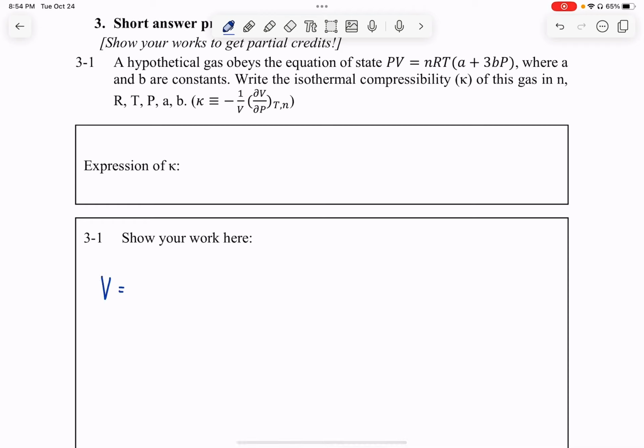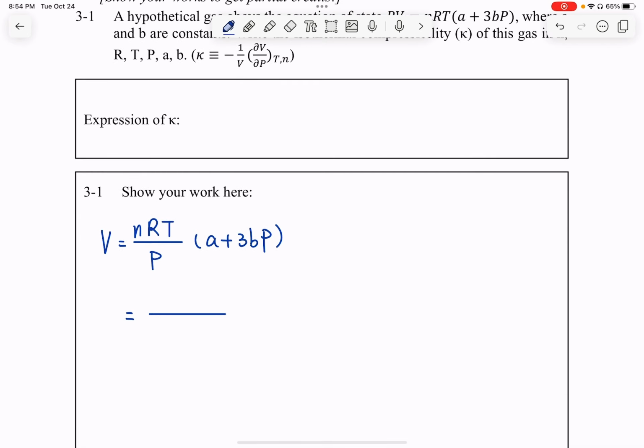So the first thing is to write an expression for V. We have nRT times (A plus 3BP) over P, and we can fully write it out as A nRT over P plus 3B nRT, with the P canceling out.